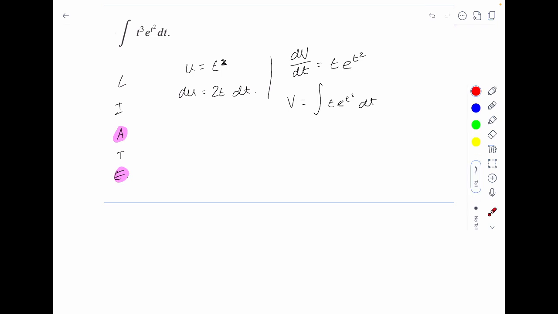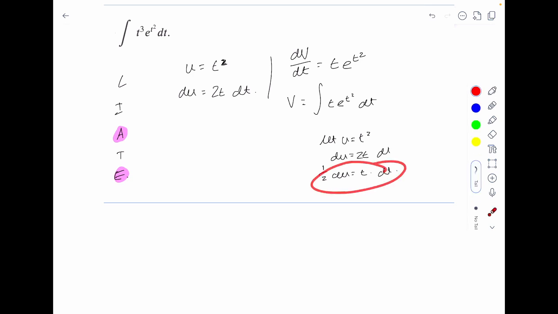And in this scenario, what can we say? Well, let w equal t squared. But dw is equal to 2t, which means that half dw is equal to t dt.